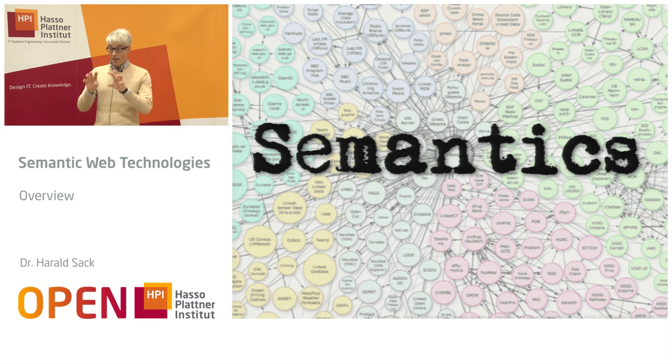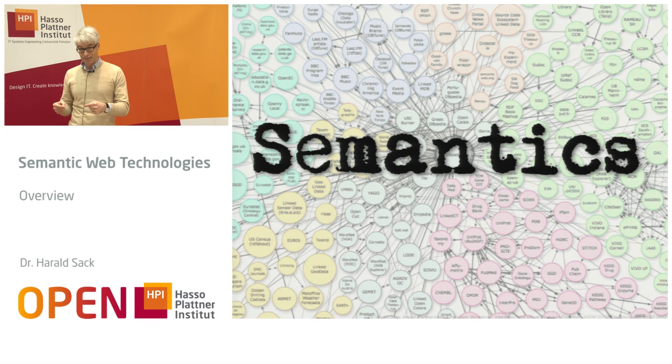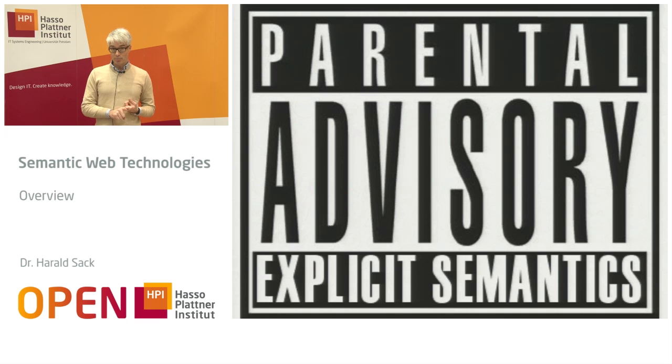Based on that definition of semantics, we are trying to make the semantics, the meaning of things and of information, explicit in the semantic web. Because if we have access to the meaning of things, then we are able to understand these things, and also the computer will be able to understand it. So, therefore, be prepared. On the semantic web, we are dealing with explicit semantics.